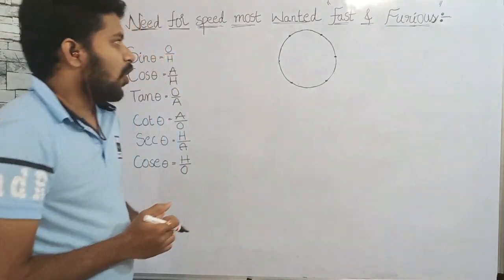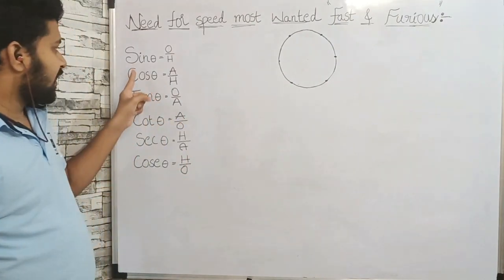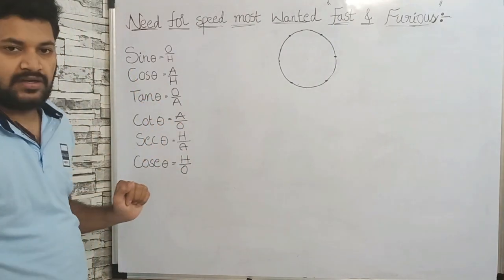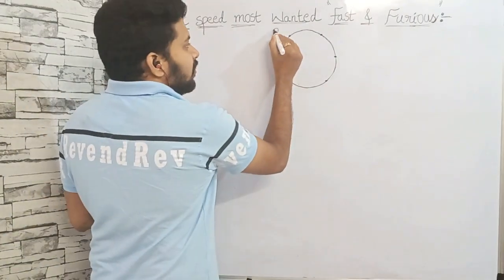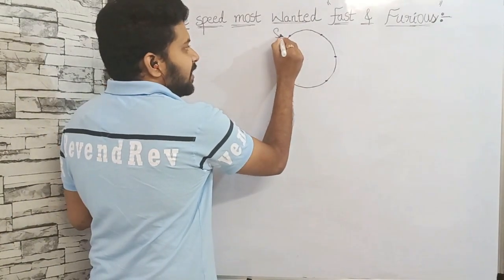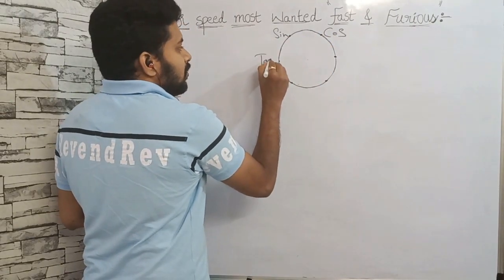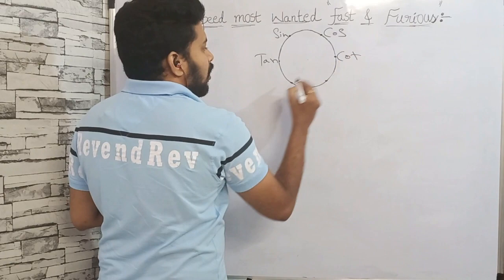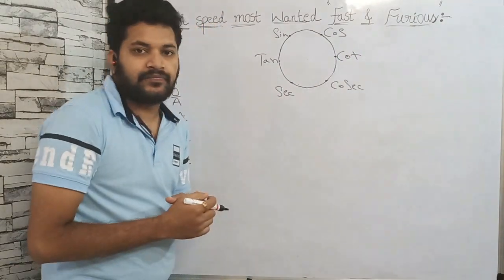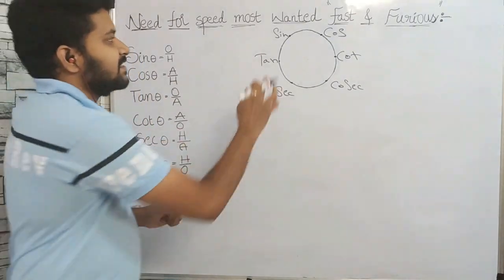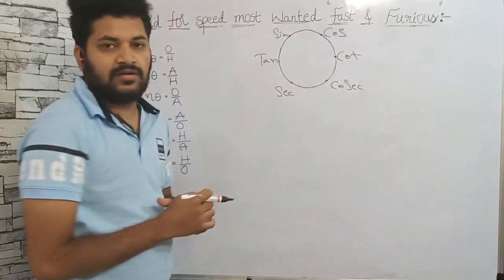You already remember this order of trigonometric ratios from part 1: sine, cos, tan, cot, secant, cosecant. I will write this order on this clock. At 1 o'clock I am writing sine, cos, tan, cot, secant, cosecant, in a zigzag way.